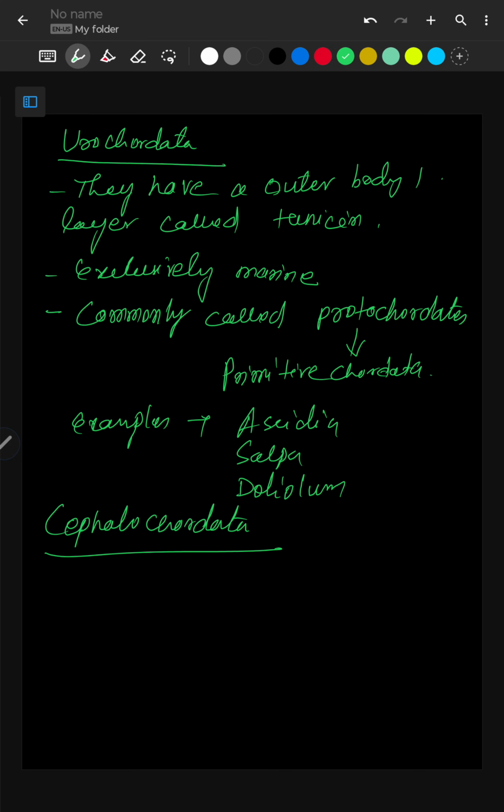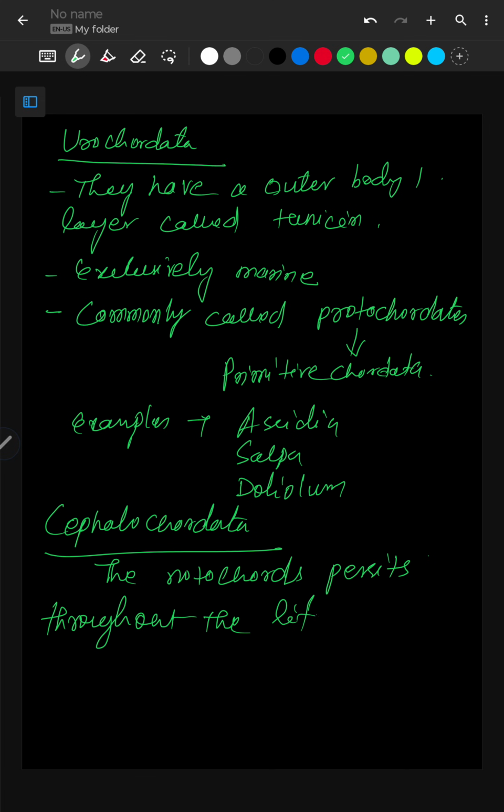They are also exclusively marine, and the notochord persists throughout life from the head region to the tail.